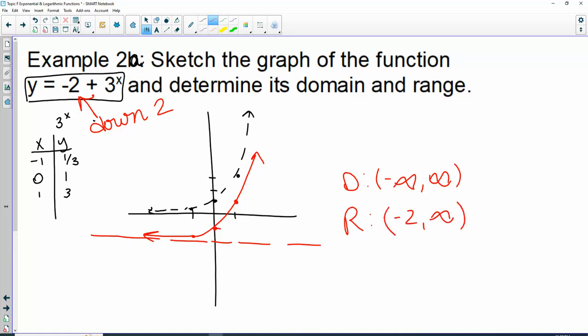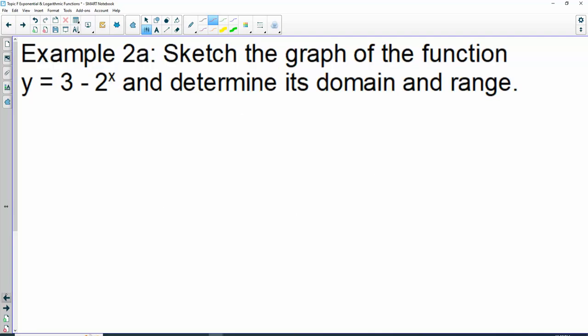Okay. Let's do another one of these together. Y equals 3 minus 2 to the x. So another way of writing this, if you prefer, it's like a -2 to the x plus 3.